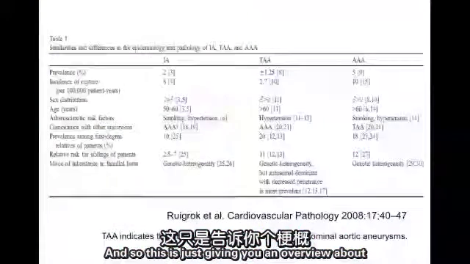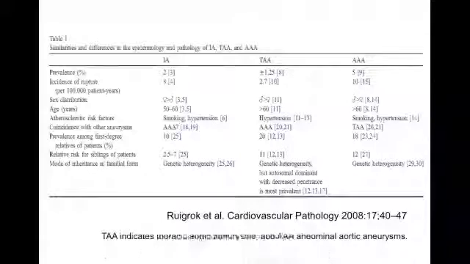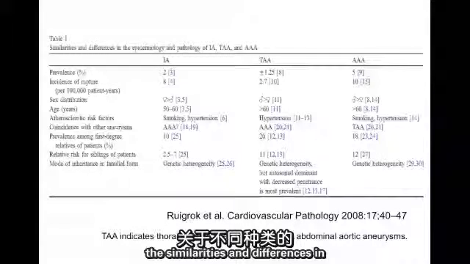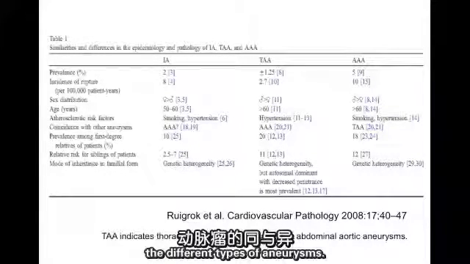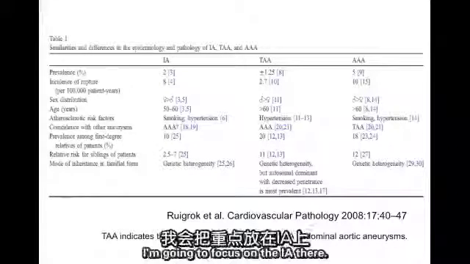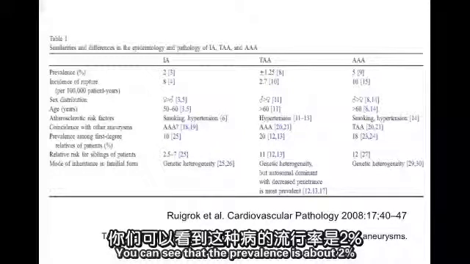This is just giving you an overview about the similarities and differences in the different types of aneurysms. Now I'm going to focus on the IA. You can see that the prevalence is about 2%.